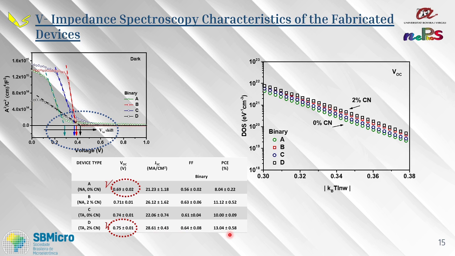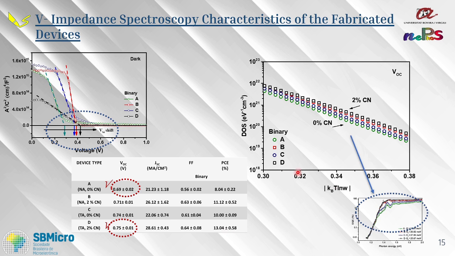Another important characteristic, using density of states as a function of energy, also confirms the EQE characteristics with RPAC energy, that the 2% chloromethylene additive has lower trap states than the 0% chloromethylene devices.